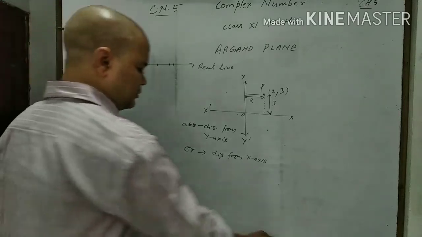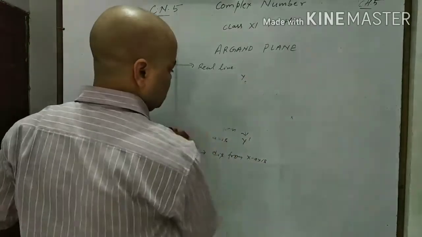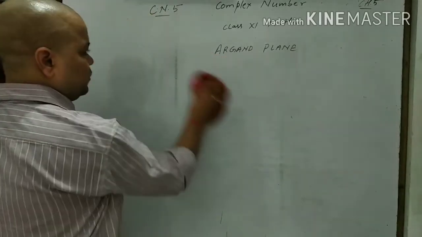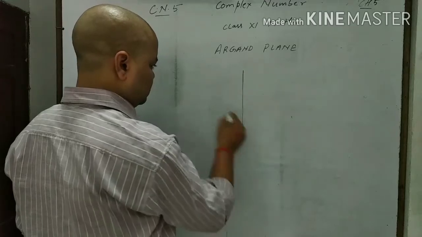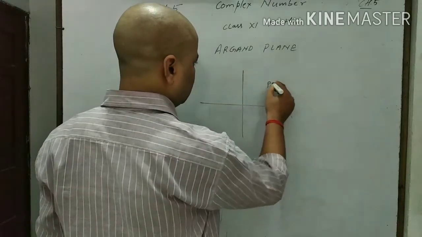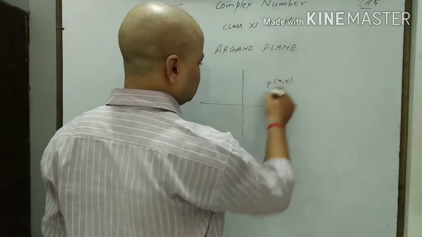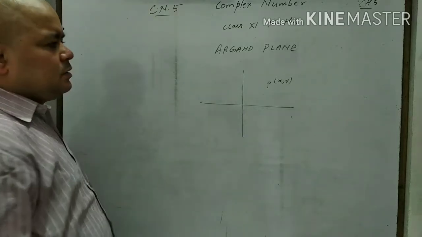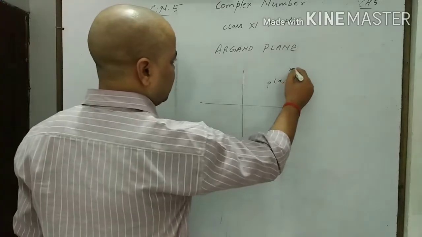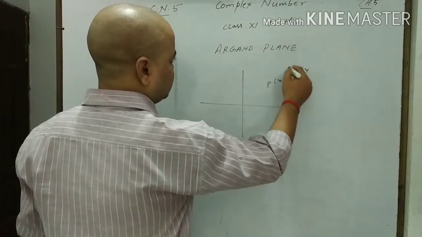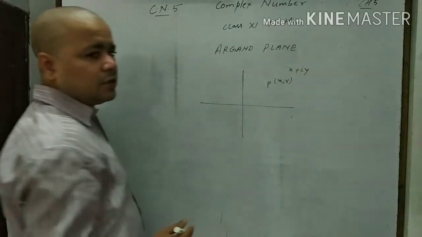Now, if we have any point P here (x, y), then this (x, y) represents x plus iy.